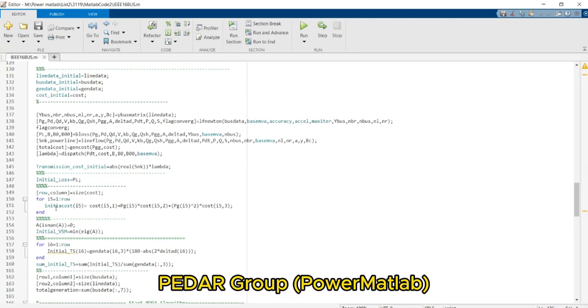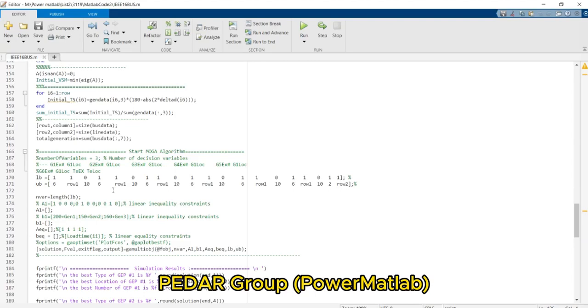In the next step, as you can see here, we start the MOGA algorithm, a multi-objective genetic algorithm, for finding where is the best scenario of generation expansion planning. Also, where is the best location of expansion planning.